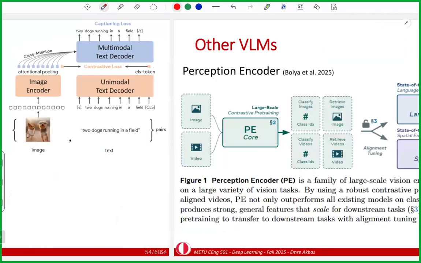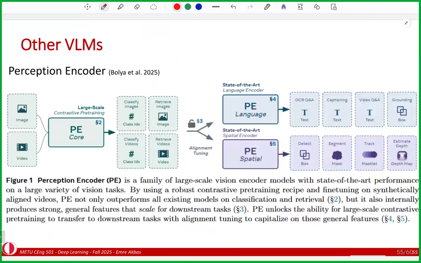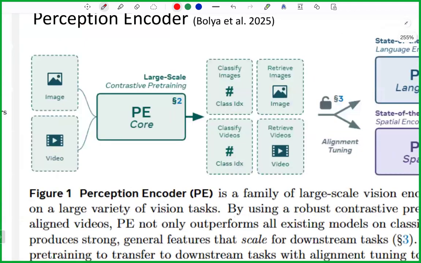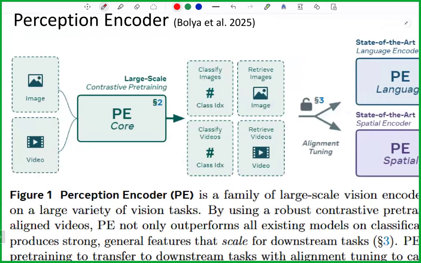One recent VLM is Perception Encoder, which was proposed this year, I think April 2025. These guys are adding videos, for example. So image, video, and you have large-scale contrastive pre-training.